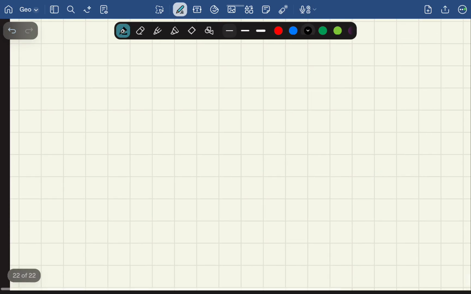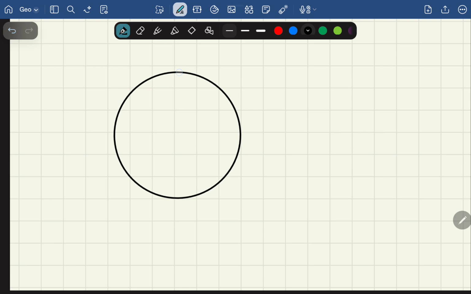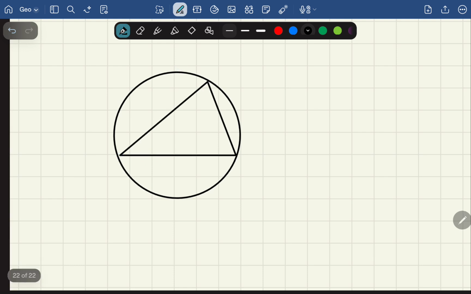Hello. So suppose you have a triangle inscribed in a circle, and you have a point P. Here's ABC. You have a point P on the circle, and then you draw the perpendiculars to the three segments.